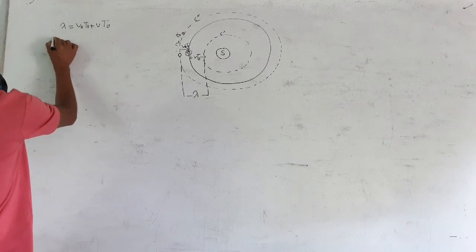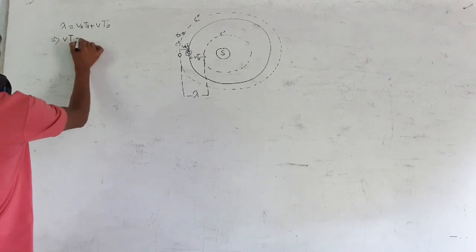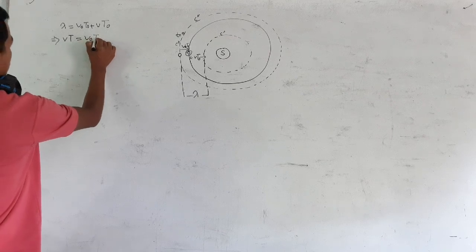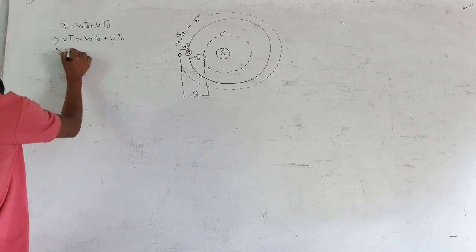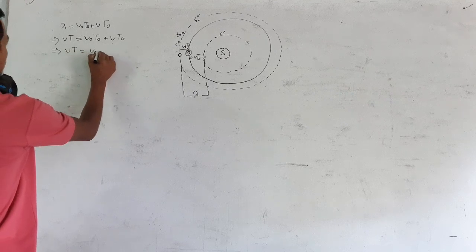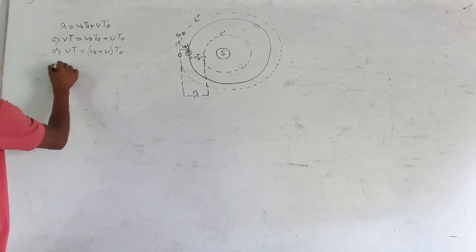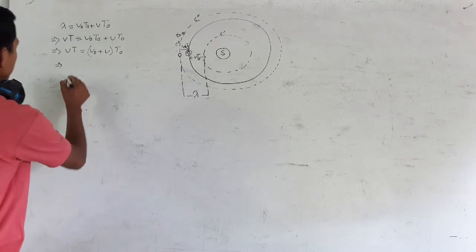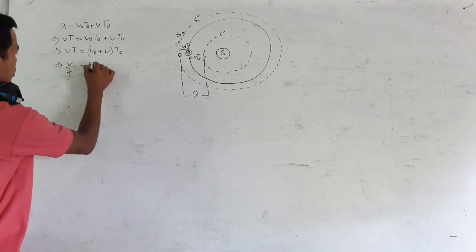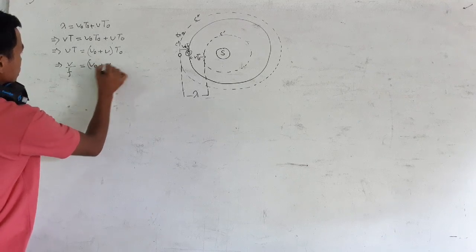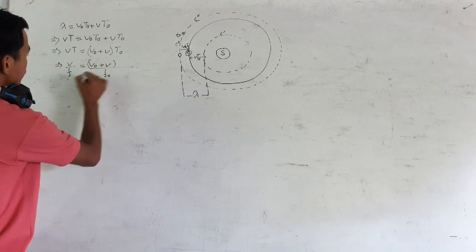Okay. But wavelength is equal to speed of the sound into its actual time period, capital T, so vT is equal to v naught T naught plus v T naught, which implies v divided by actual frequency f is equal to v naught plus v into observed frequency f naught.